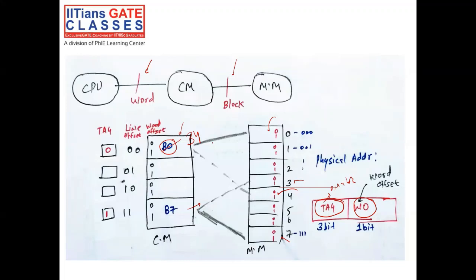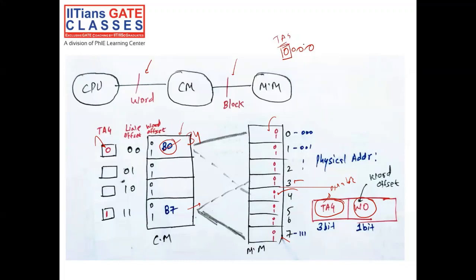And also when we are replacing a block in the cache memory, we are also updating the tag. The tag is always the first bit, like if a 4-bit memory request was generated by the CPU, the first bit is the tag bit, right?